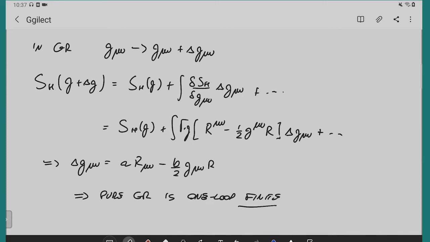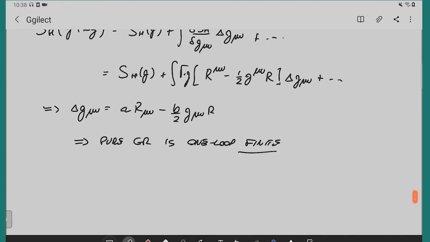It's not a field redefinition which makes use of equations of motion. And this is what you get when you renormalize QED. So you have the running of the coupling constant, which is something that is left from this procedure. So this procedure somehow affects the physics. While when you have a field redefinition of this type, this is the same as saying that there are no divergences at one loop.